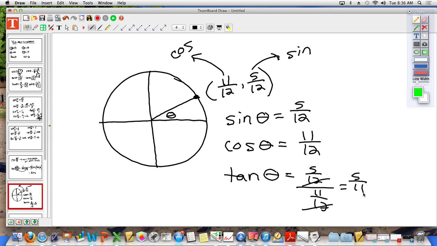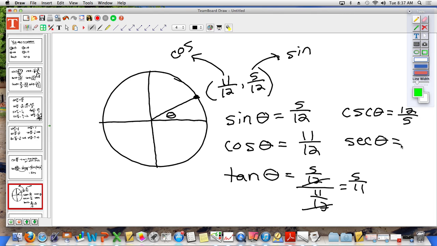Now you need to just calculate the cosecant. The cosecant of theta is equal to 12/5. You all right with that? Cosecant is the reciprocal, so it is 12/5. What about the secant of theta? 12/11.